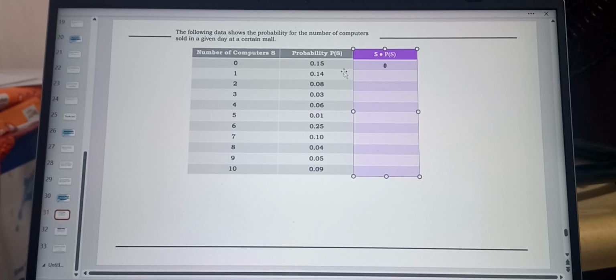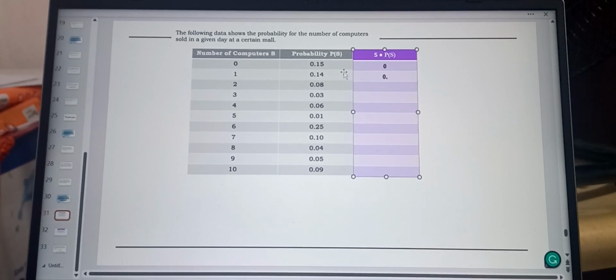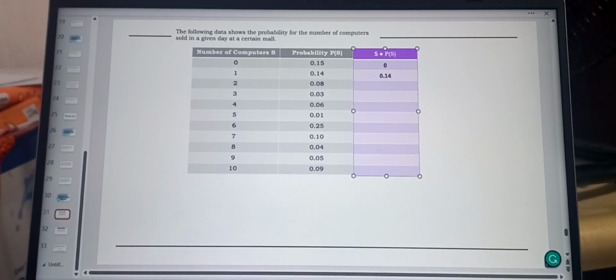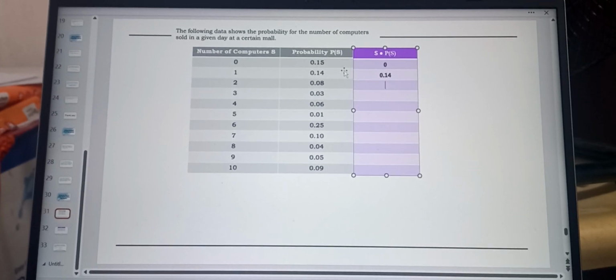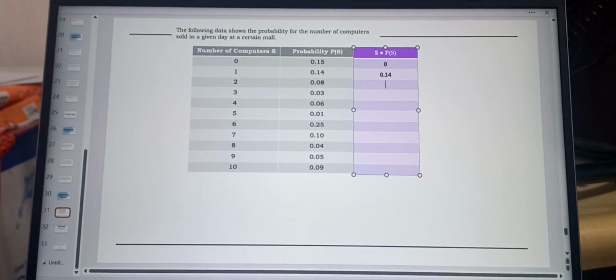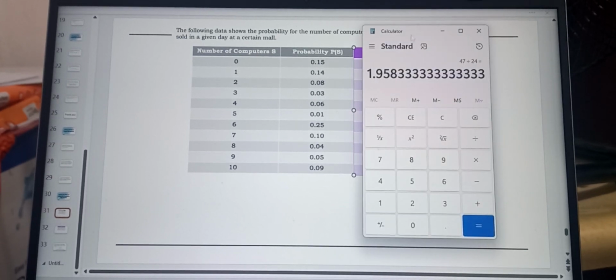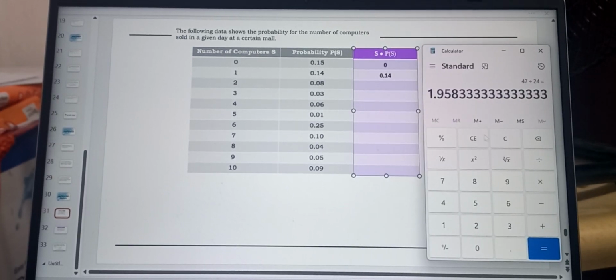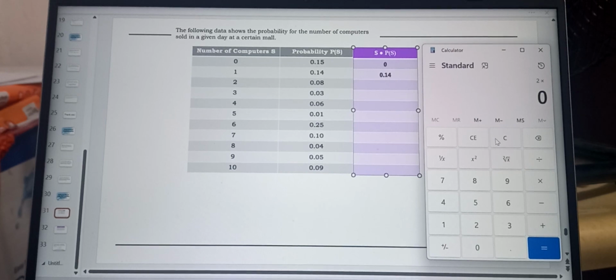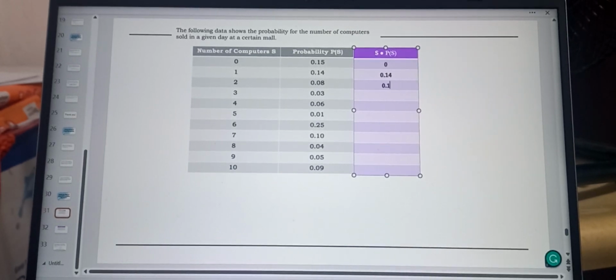So 1 times 0.14 on your calculator is 0.14. Next, 2 times 0.08. To make sure, let us use a calculator to make it easier and to be sure of our answer. So, 2 times 0.08 is 0.16.